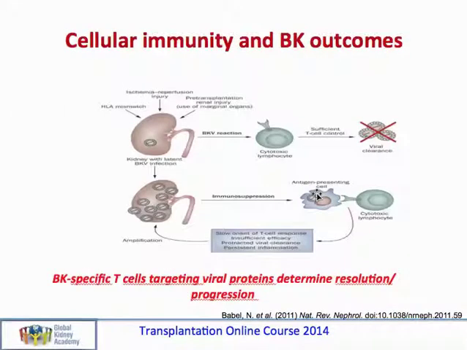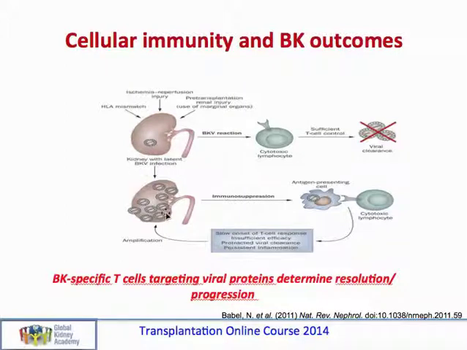So what does all that mean? Well, I think it basically means that you have BK-specific T cells that target viral proteins, and the development of BK-specific T cells are really what determine the resolution or progression of BK disease, of BK nephropathy, if you like. So you have a kidney with latent BKV infection, with a number of risk factors.